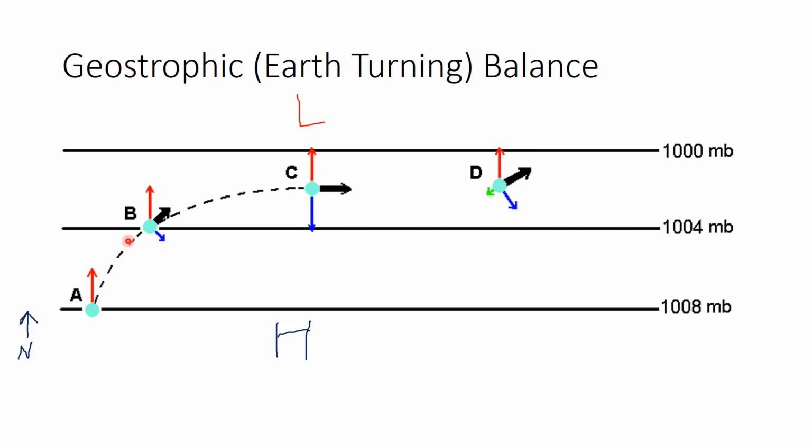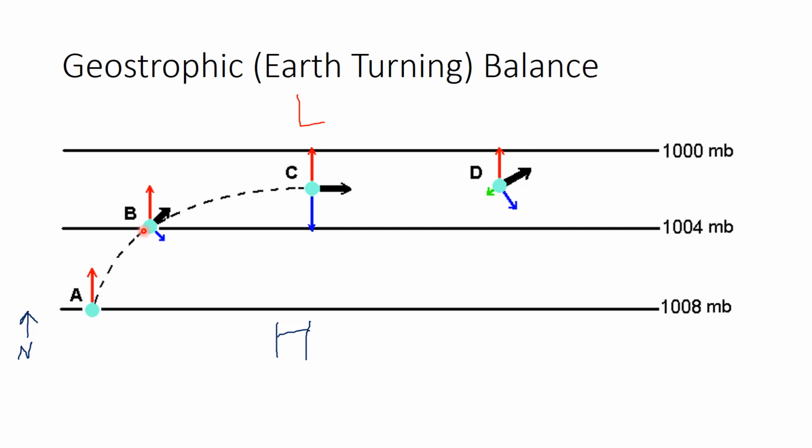Now, as it turns to the right, the direction of the pressure gradient force does not change. But because the Coriolis force is acting on the wind, that causes the particle of air to turn to the right. Eventually, as the particle continues to speed up faster and faster, the Coriolis force is going to get stronger and stronger.